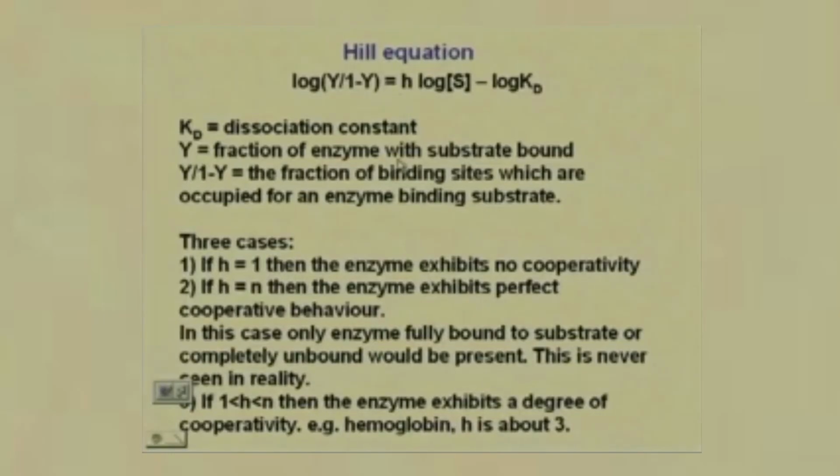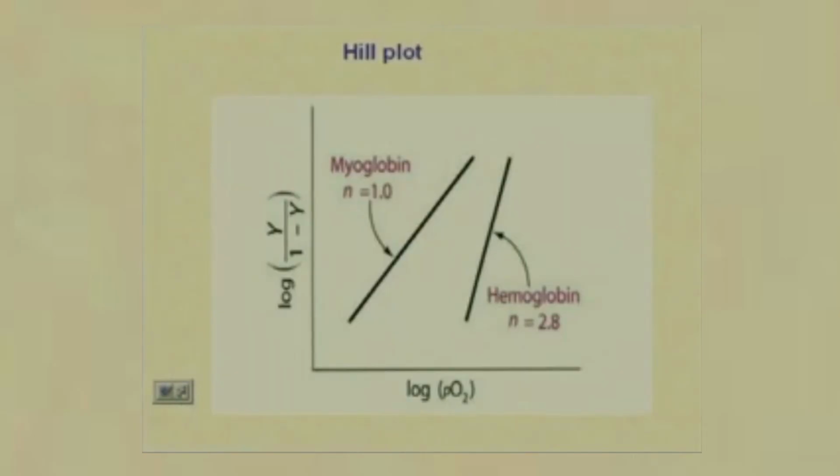Okay? So, what do we expect the Hill coefficient for myoglobin to be? 1. Because it's equal to N, there's only one site. But for hemoglobin, we expect it to be less than 4. Why? Because there is cooperativity. Okay? So, that's exactly what happens. This is what we have. What is our measure for S?